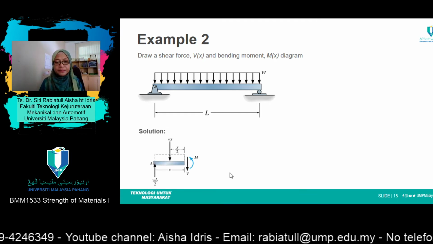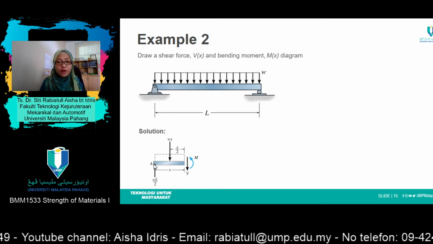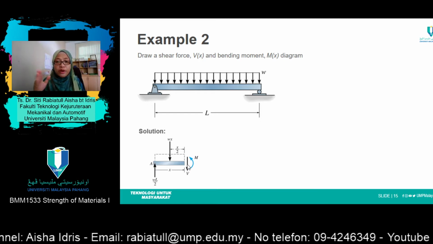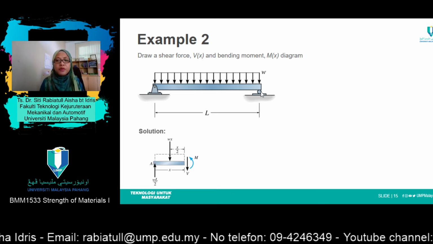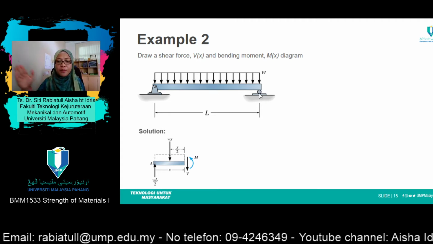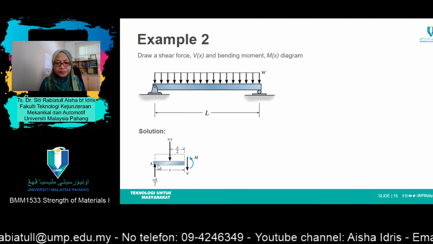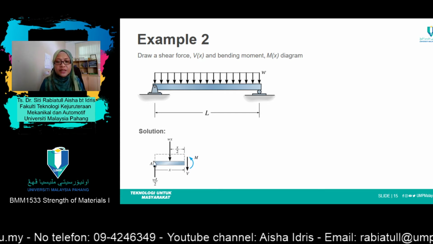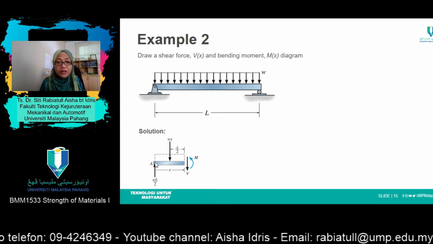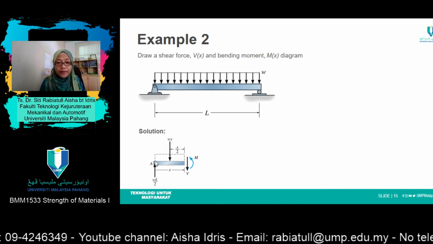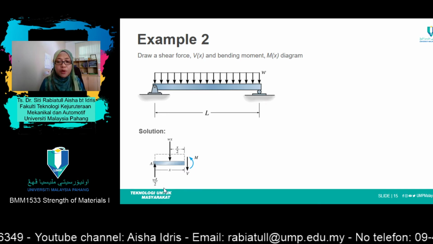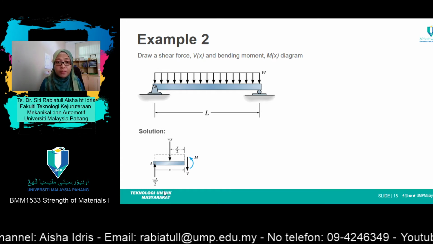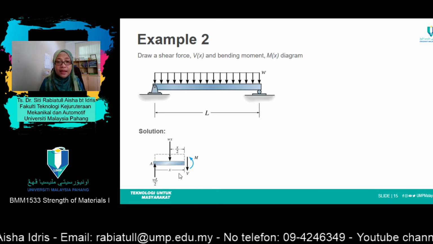For this case, cut the section from point A to somewhere before the end point L there. So if you notice here, the dotted line actually represents the uniformly distributed load. However, when we draw the free body diagram, we need to take the equivalent of that uniformly distributed load over the length that has been cut.